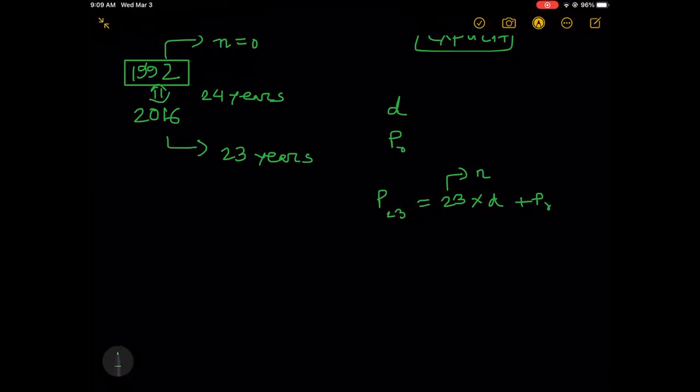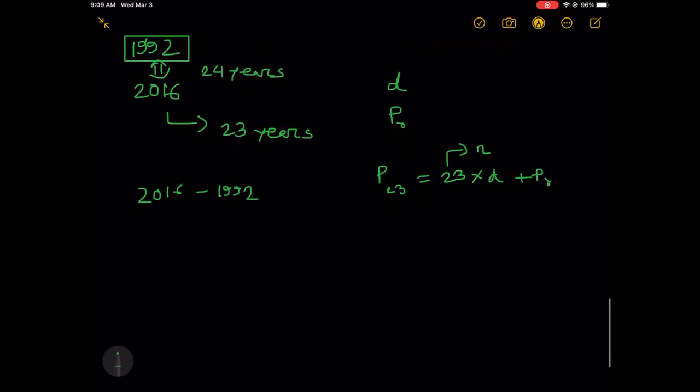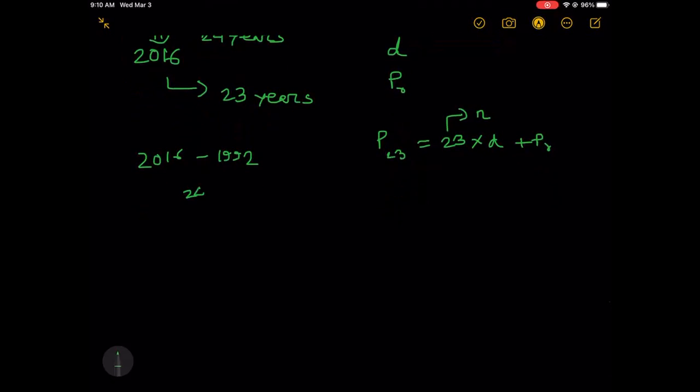All right, so 2016 minus 1992 is 24, and we are considering the year ending data.